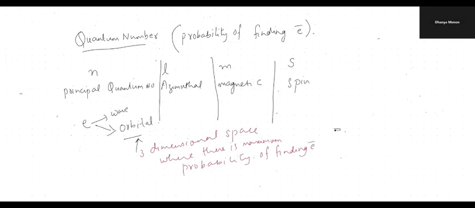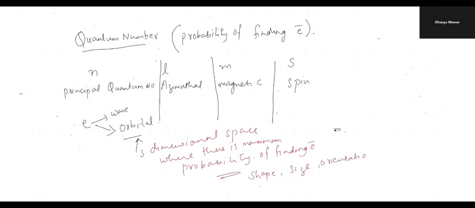Orbital is a three-dimensional space. We already mentioned three dimensions: the three variables give a three-dimensional area. So it is a three-dimensional space where the probability of finding the electron is maximum. Orbitals also have different shapes, sizes, and different orientations. What are these terms? We will come to it, don't worry.